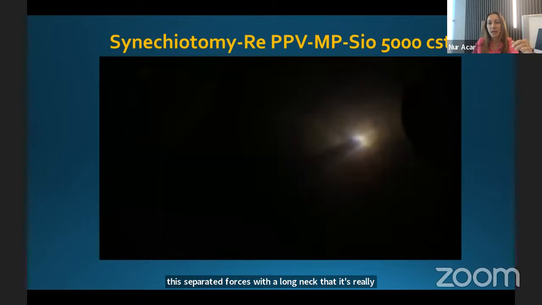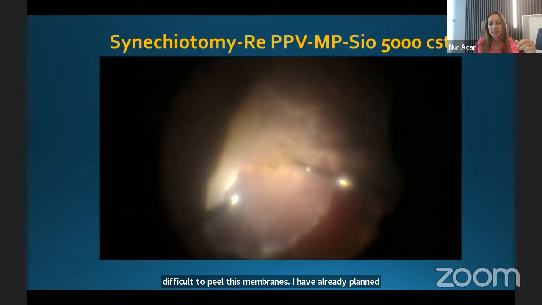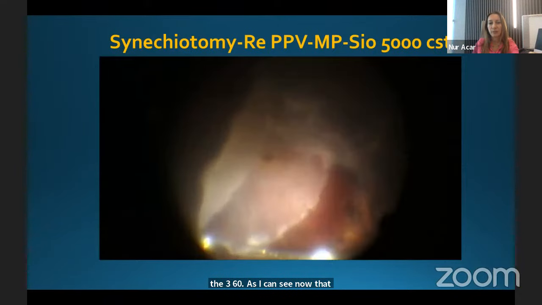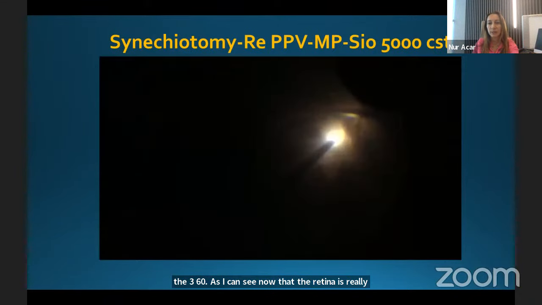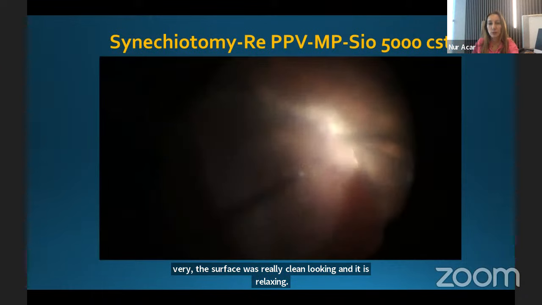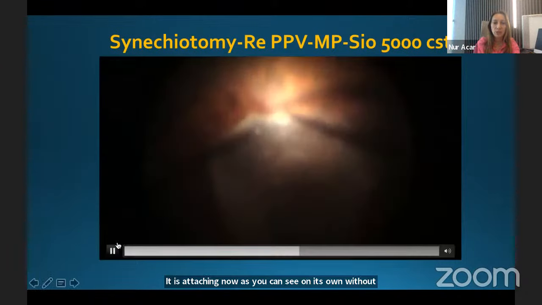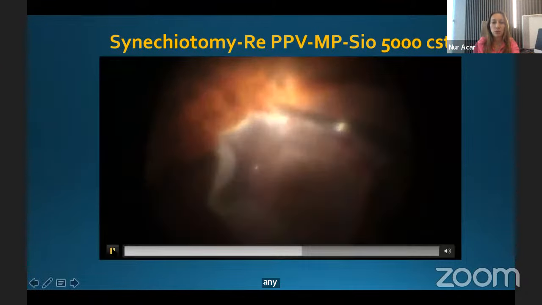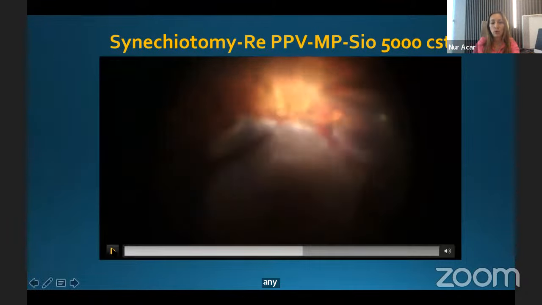I had already planned the 360 retinectomy. Now I can see that the retina surface is really clean looking, it is relaxed and it is attaching now, as you can see, on its own without any heavy liquid. So I move on with injecting heavy liquid, and then go on with the 360 retinectomy.